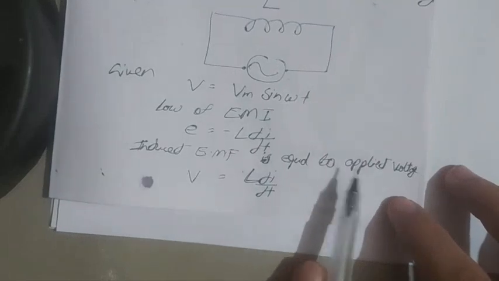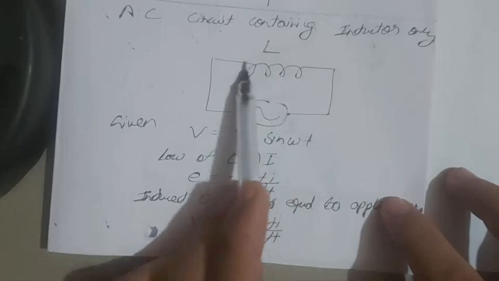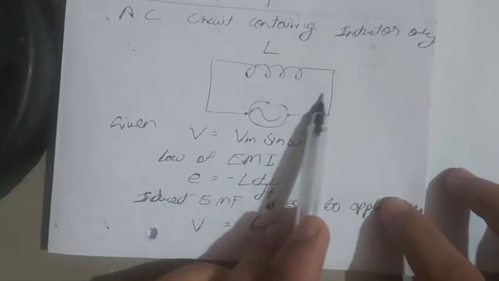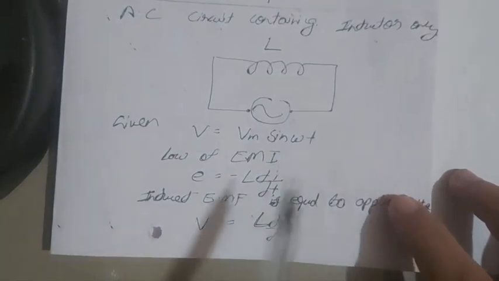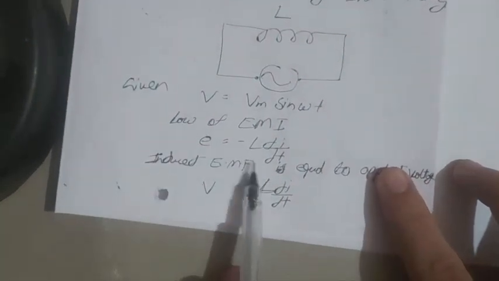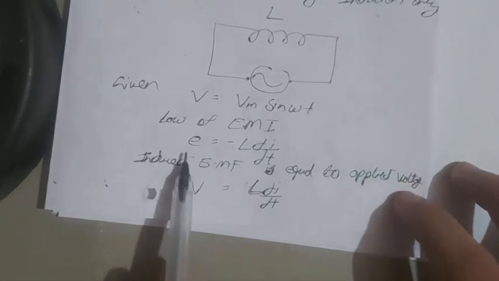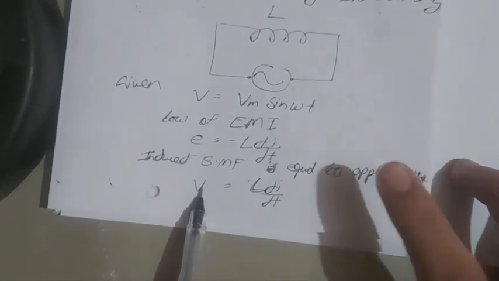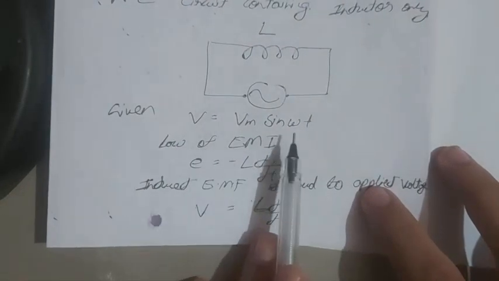Induced EMF is equal to applied voltage because the inductor stores the energy and produces an EMF opposite to the direction of source. So this negative sign is showing the same thing.